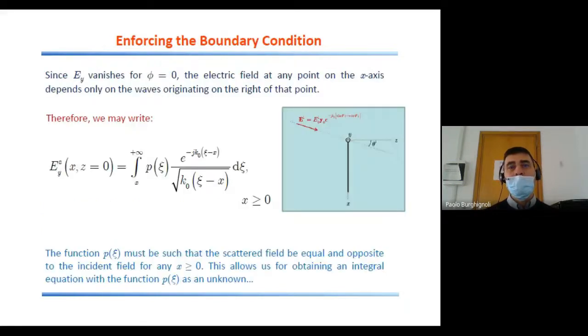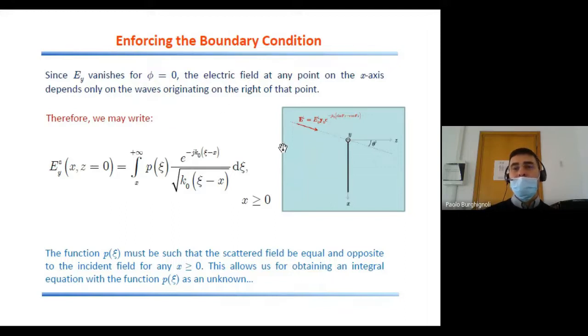And in fact, what Gori did was to simply enforce a superposition, in particular by noting that this solution vanishes. Now, the electric field at any point on the x-axis will depend only on the waves originating on the right of that point.